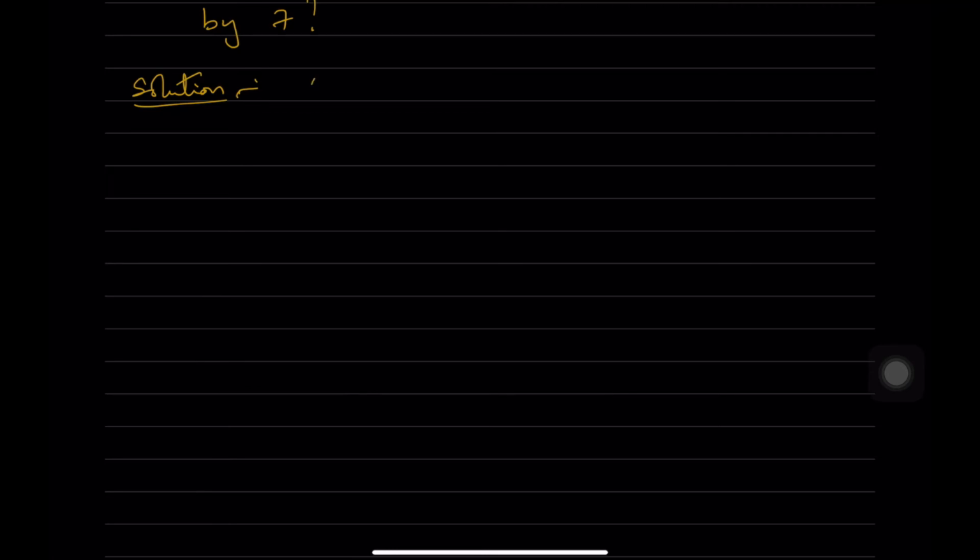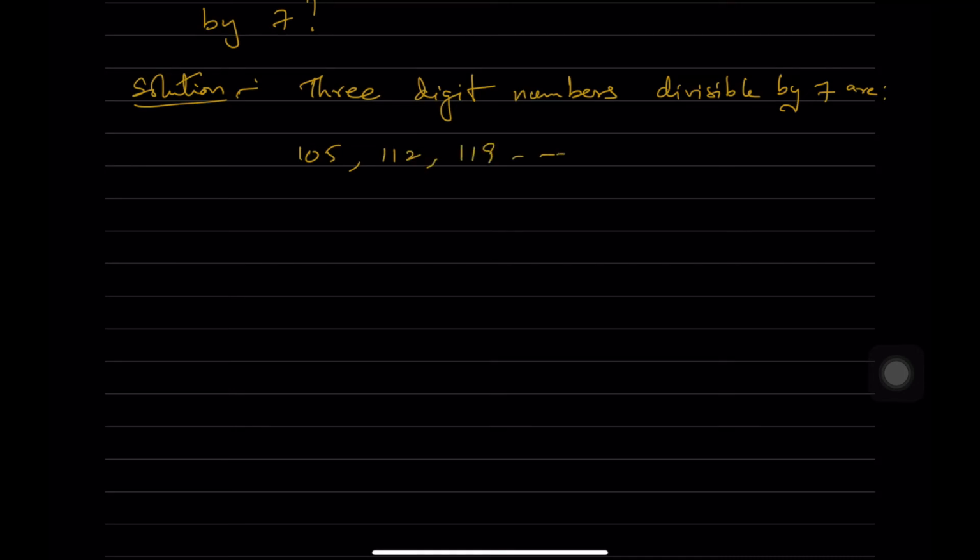What is the first 3-digit number which is divisible by 7? We have to first check which is the first 3-digit number divisible by 7. So we'll check 101, 102, 103, 104. 105 is divisible. So then 112, then 119, and so on up to 994. These are the 3-digit numbers.